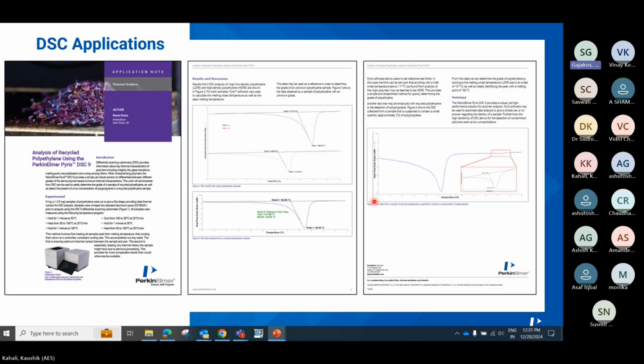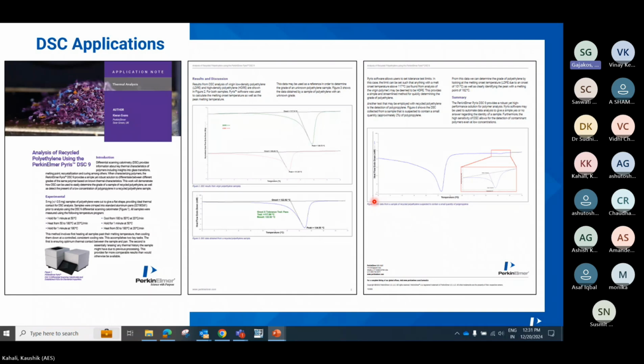As you see from the sample analysis carried out in our DSC, it clearly shows that for LDPE, the melting and onset temperature is very much less than that of HDPE.